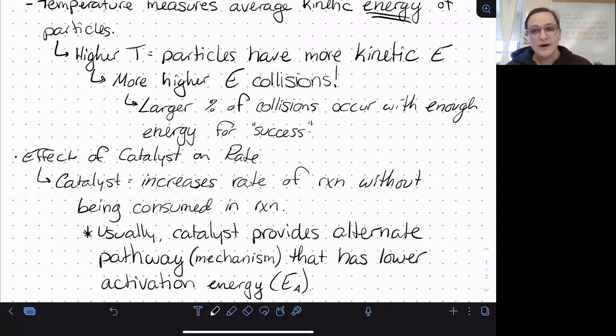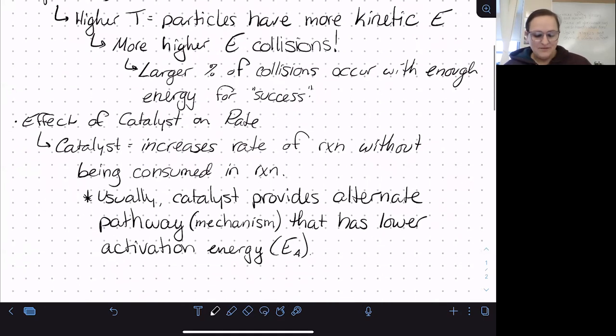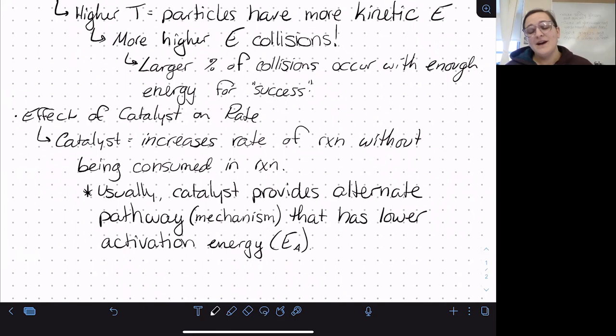So if a process has a lower activation energy, that means that more of your collisions are going to have enough. You have lowered the minimum energy requirement.